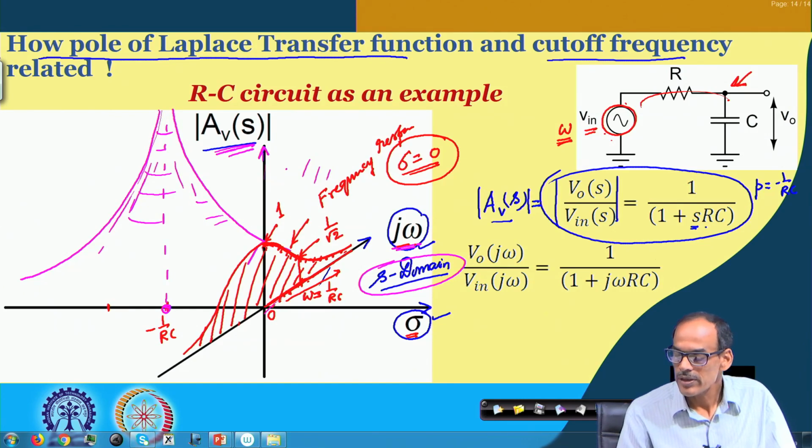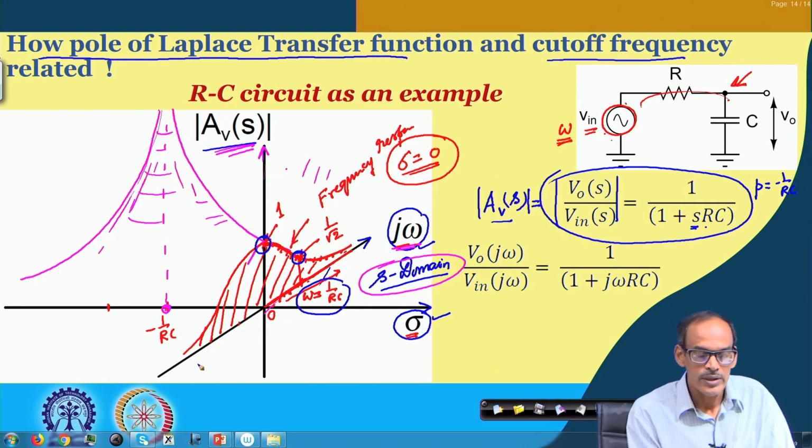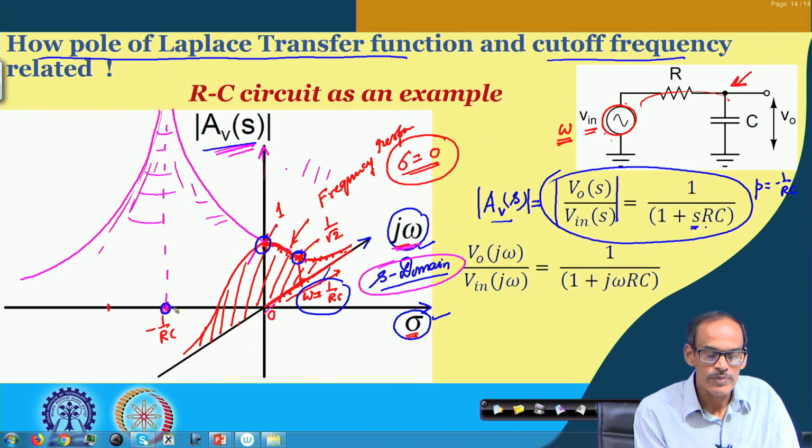Comparing the frequency response at these two points, it reveals that the location of the pole at 1 by RC has an impression on the frequency response.